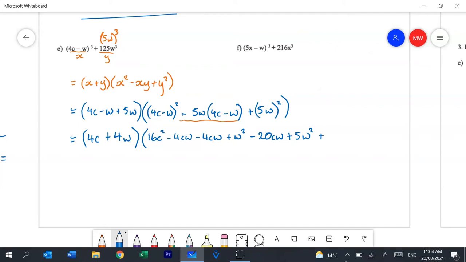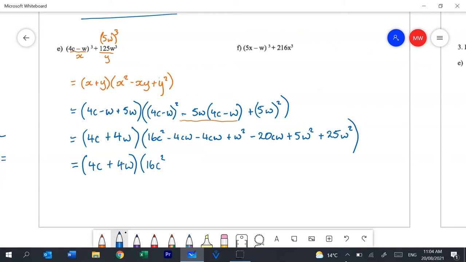And on the end here, I've got 25w squared. Let's collect our like terms. I've got 4c and 4w. Now I'm up to my c squareds. I've got 16 of those.